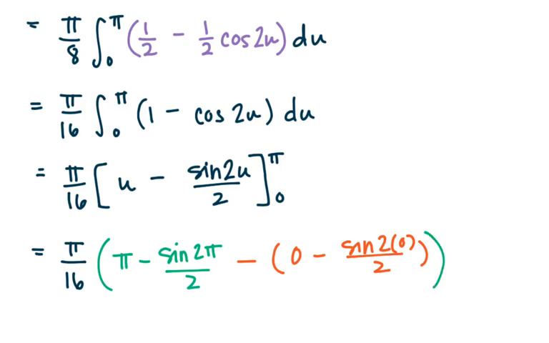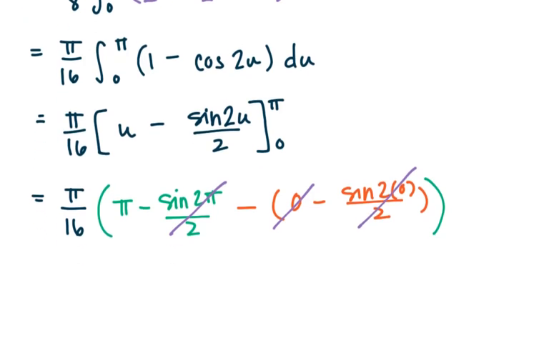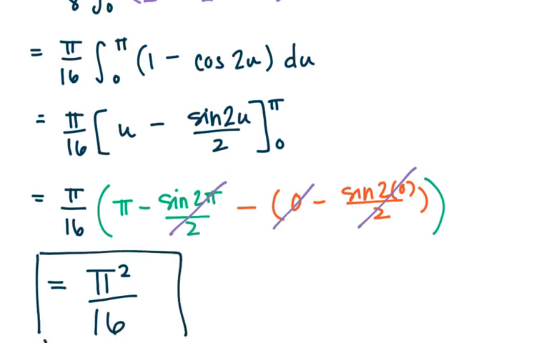And as we've just said, sine of 2 pi is 0, minus 0, sine of 0 is 0. We're going to end up with an answer here, pi squared over 16, because we just have pi left in the parentheses, pi squared divided by 16. So that's how we use the disk method. I'm going to do another example now, and we'll talk about finding the volume of a solid rotated about the y-axis. And that will be in the following video.